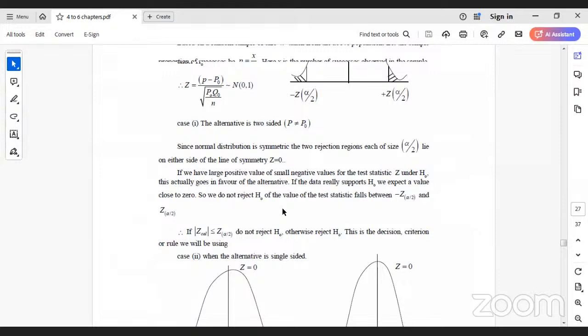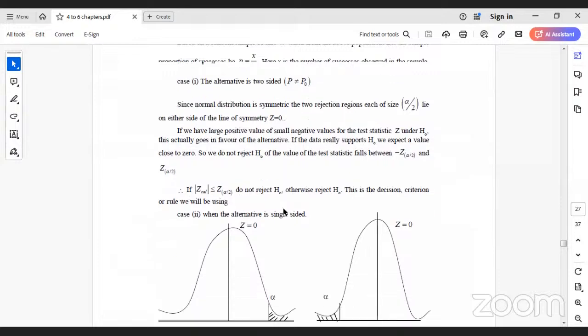Since the normal distribution is symmetric, the two regions, each of area alpha by 2, lie on either side of the line of symmetry Z equal to 0. If we have a large positive value or a large negative value of the statistic Z under H0, this goes in favor of the alternative. A value close to 0 supports H naught, since we expect a value close to 0.